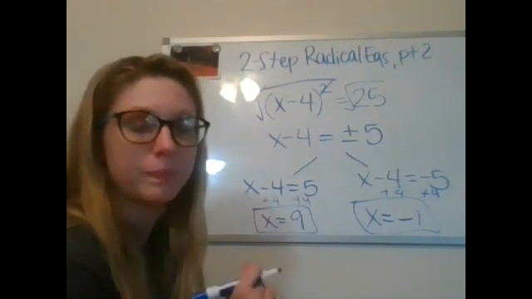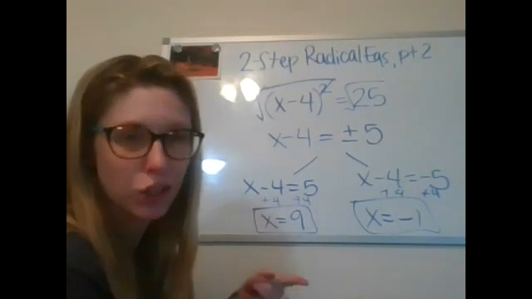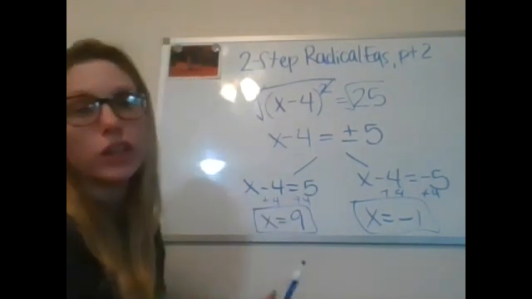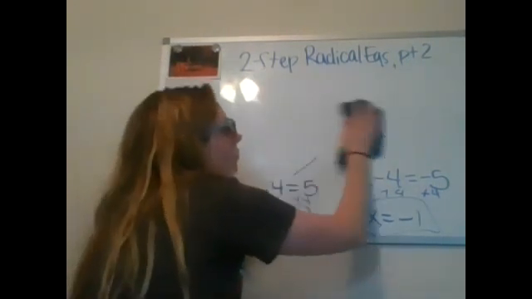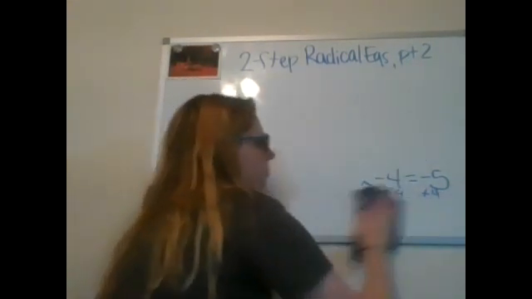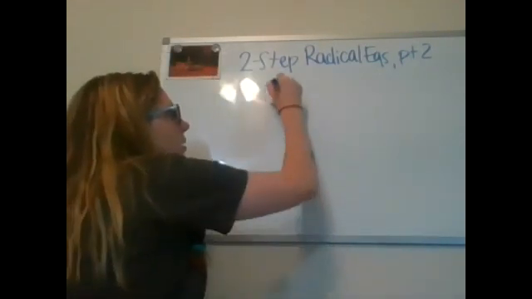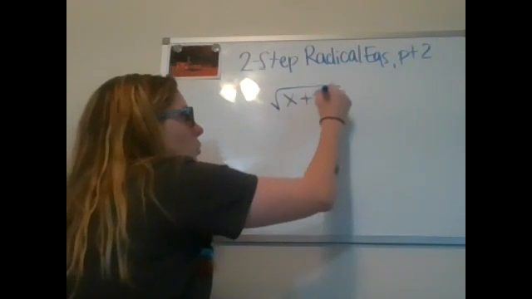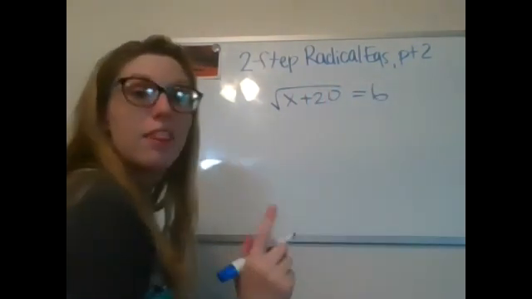All right. Now, we did the harder version first. Let's do the other kind. So what if it starts as a square root, right? So if it starts as a square root, such as this one, the square root of x plus 20 equals 6. That is different.